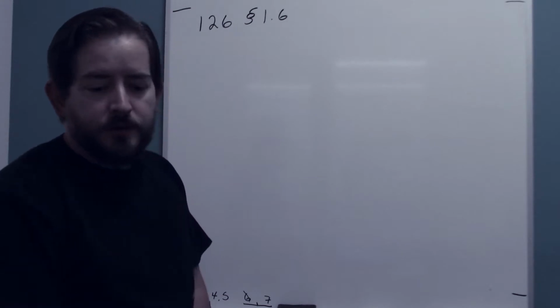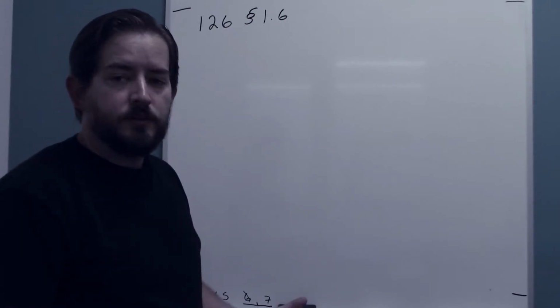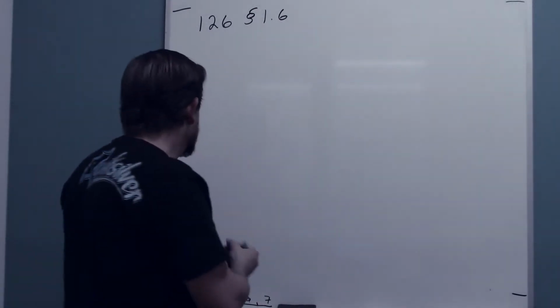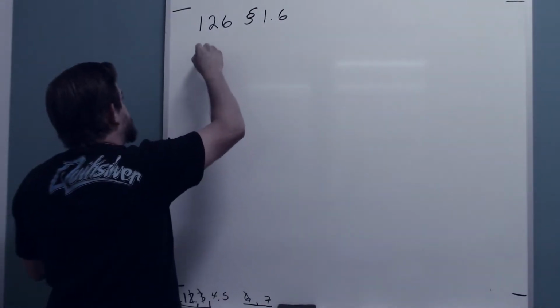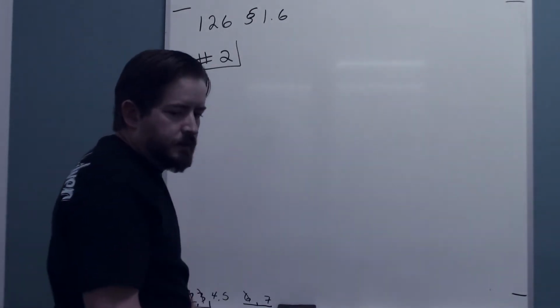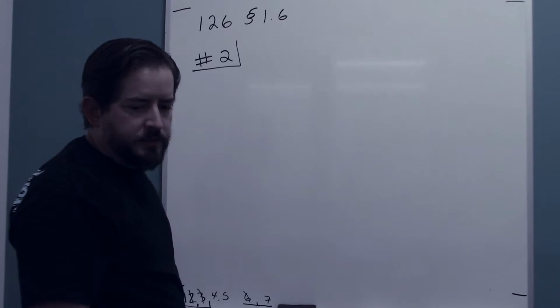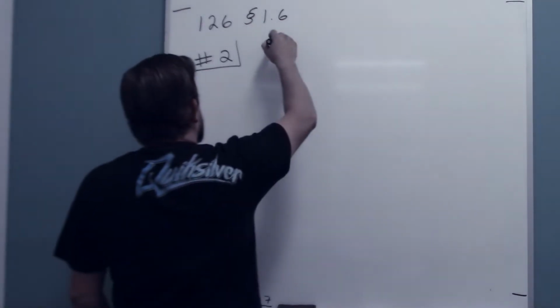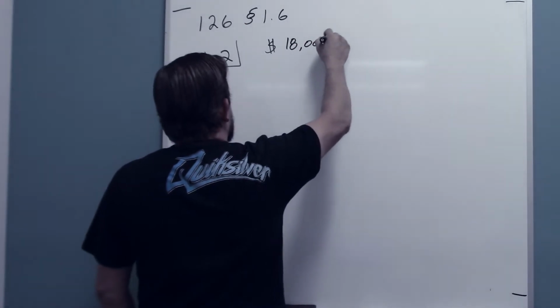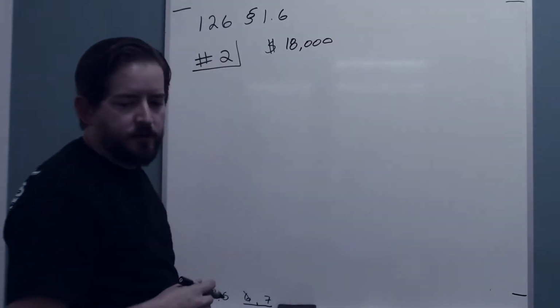1, 2, and 3 are very similar, so I'm going to do number 2 because the numbers look a little bit uglier in that problem. So let's take a look at number 2. The bank customer places a total of $18,000 split between two accounts.